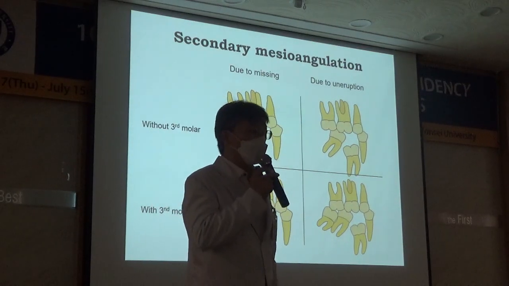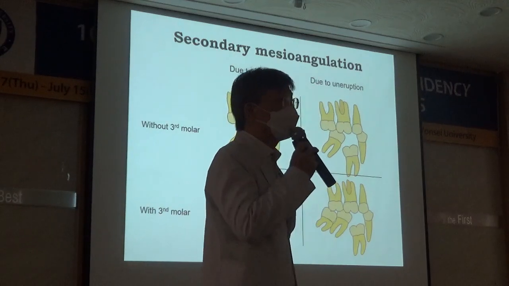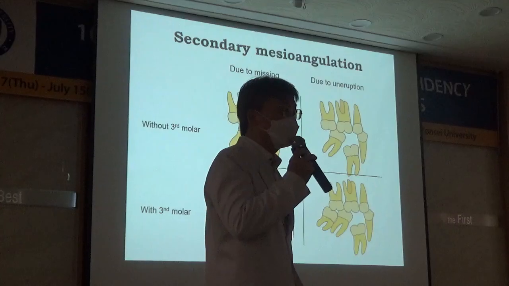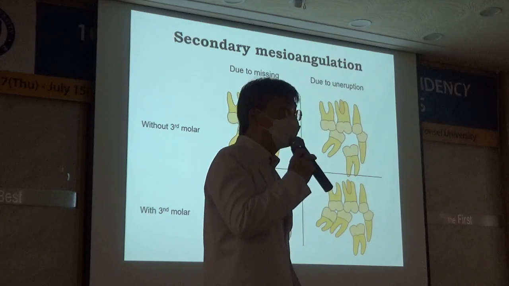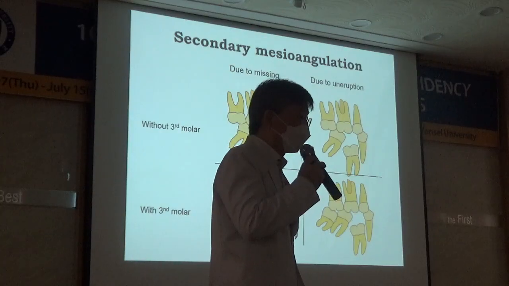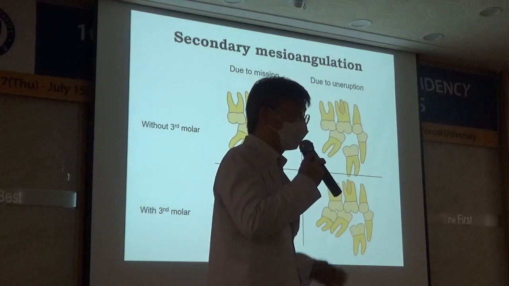Very cruel. Secondary mesial angulation is not forgiving. You have to be very, very technical, very, very meticulous in terms of the force system design. Okay? But I will tell you how in the morning and in the afternoon.